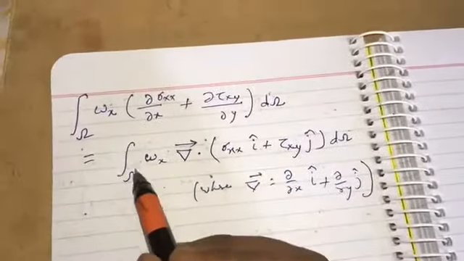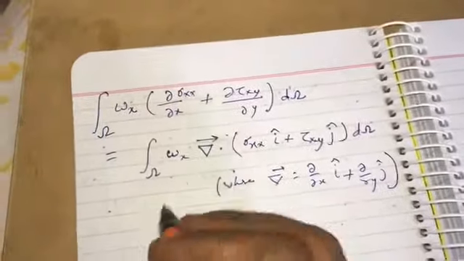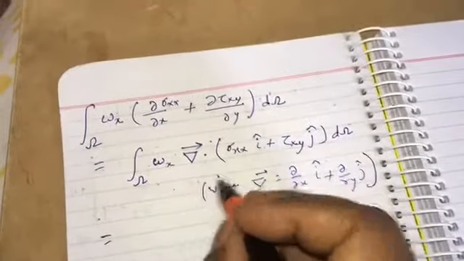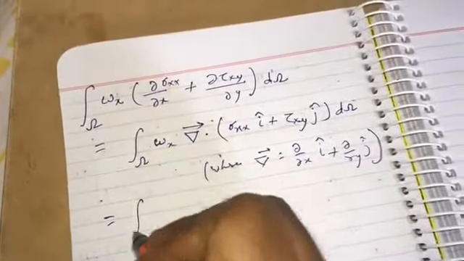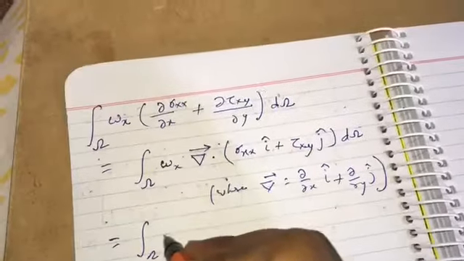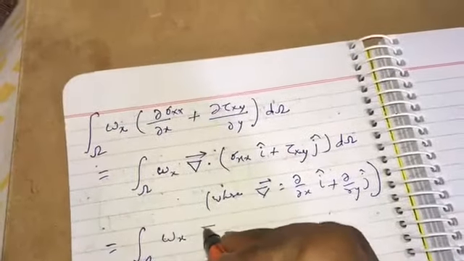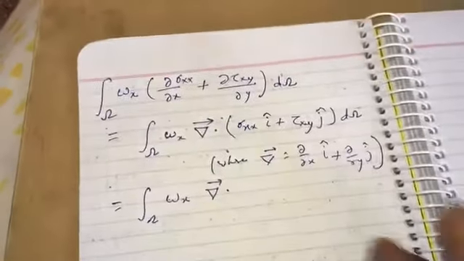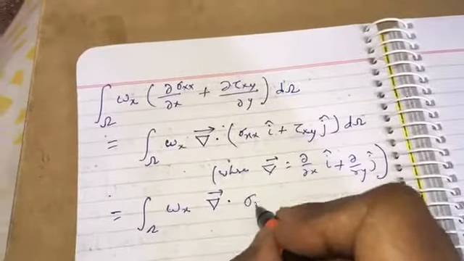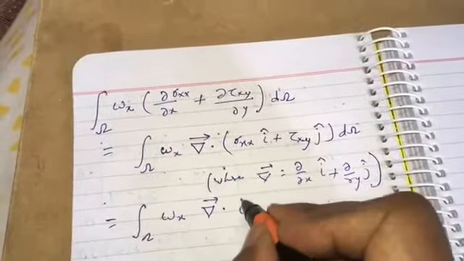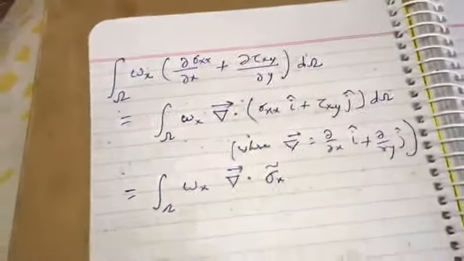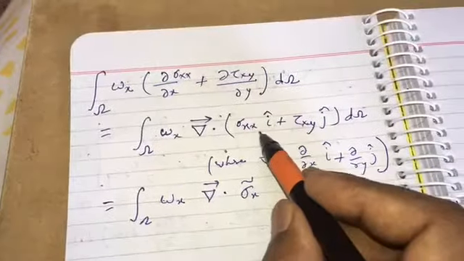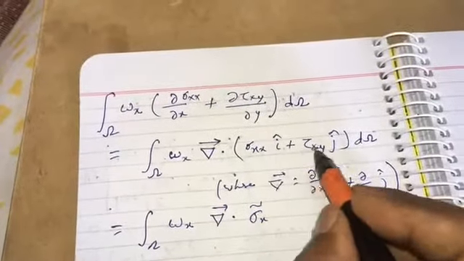So the original one becomes equal to the integral over omega of wx times the divergence of the sigma x vector, where the sigma x vector is given by this.